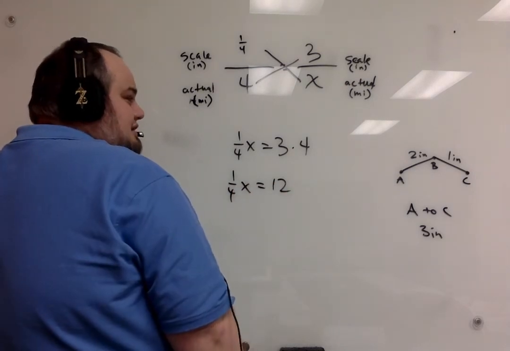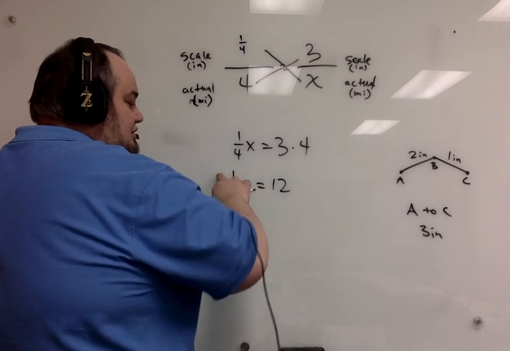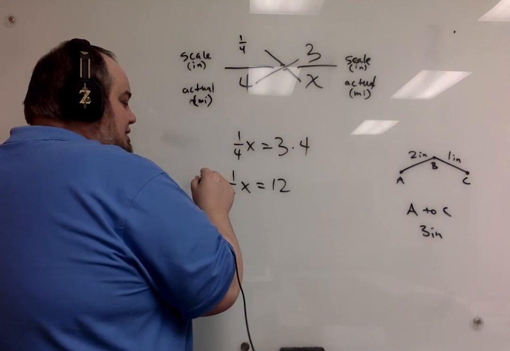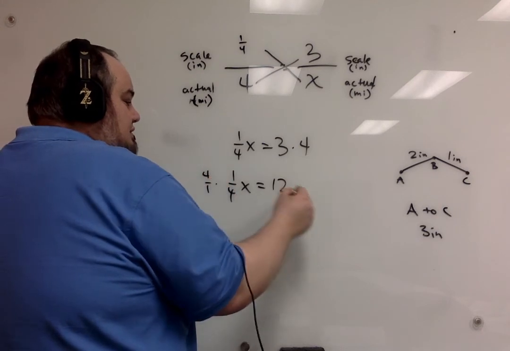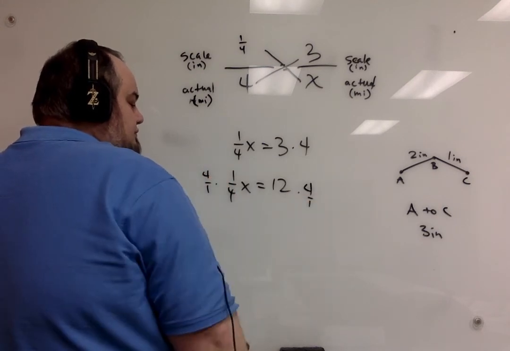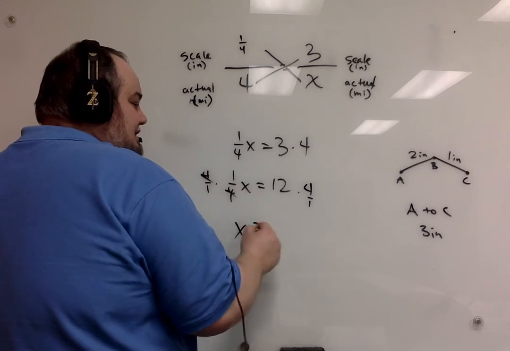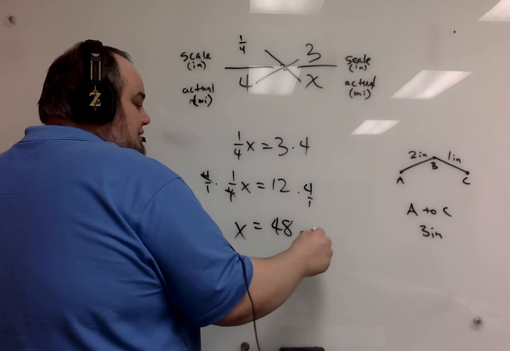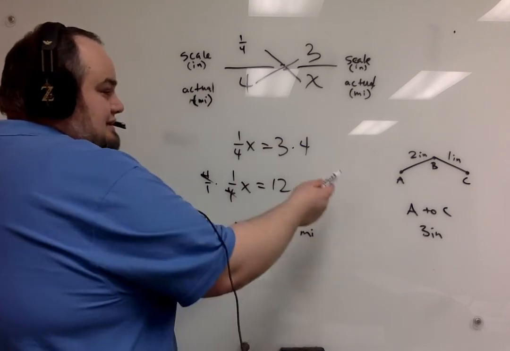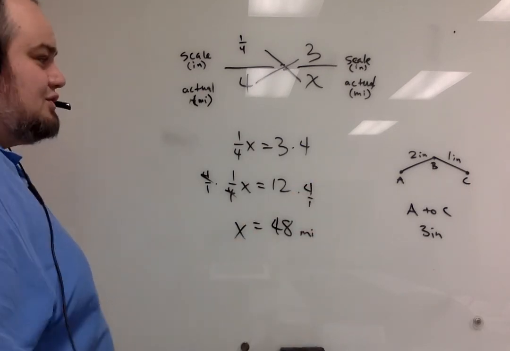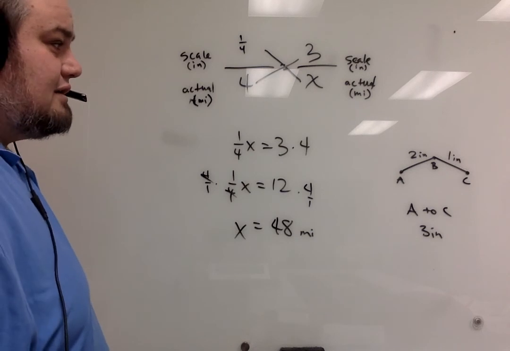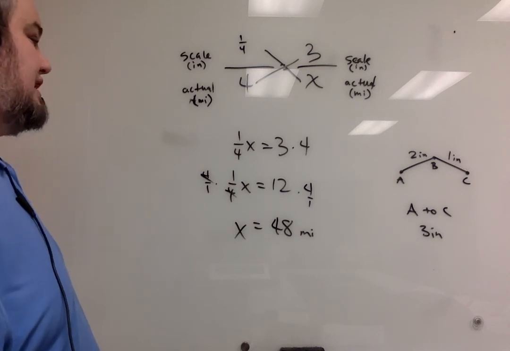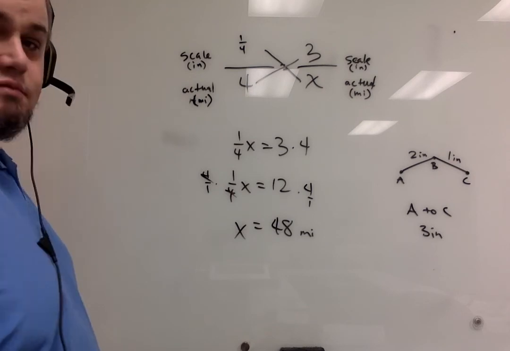And then, like I said earlier, there's 2 ways to think of it when you have fractions. You can multiply by the reciprocal of the fraction, which in this case would multiply both sides by 4/1. The 4's cancel over here, you get x, and then 12 times 4 is 48. So that means this distance from A to C, where it's 2 inches from A to B, 1 inch from B to C, a total of 3 inches, would represent 48 miles.